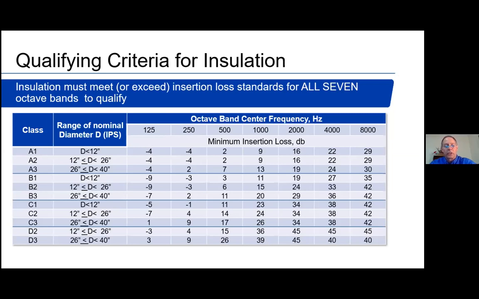Some people get a little bit confused by the negative numbers at the lower frequencies. They're very curious as to how in the world you can have a negative insertion loss, and it is real. It's not a typographical error. It basically means that at low frequencies, you can end up with more noise after applying the noise reduction system than you had without it.